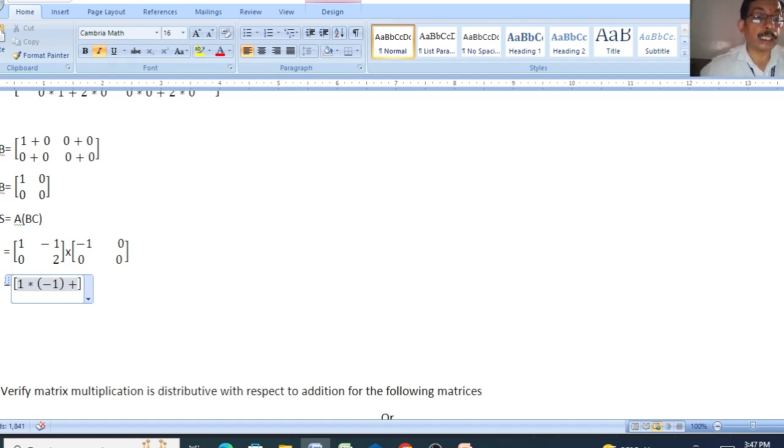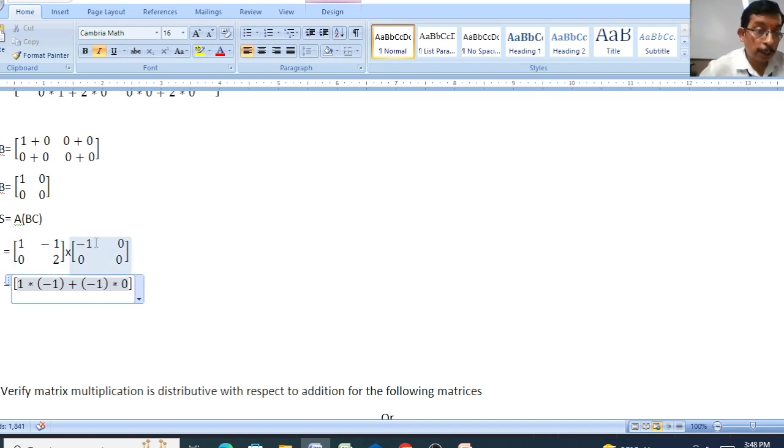The first element is multiplied by the first element, 1 is multiplied by -1, and the second element of first row is multiplied by the second element of column, which is 0, -1 is multiplied by 0. The first row, first column multiplication is complete, and we receive the first element of LHS side.